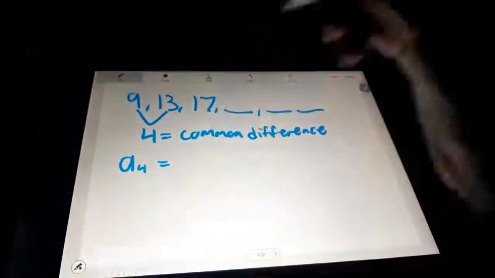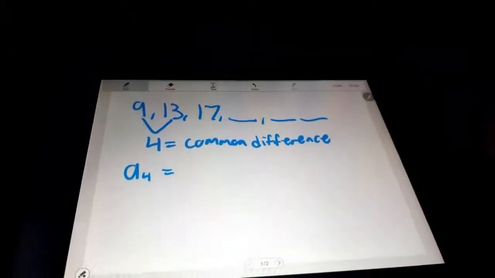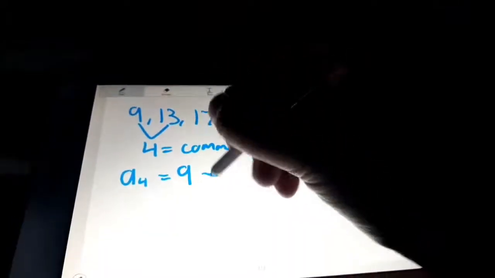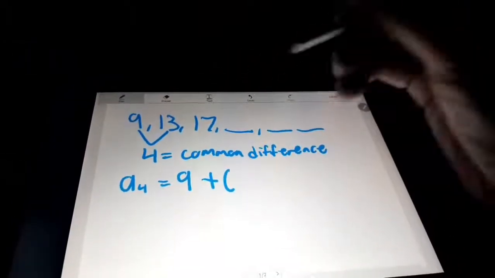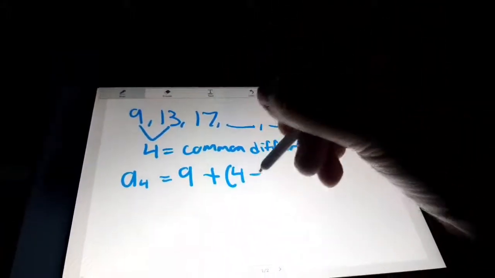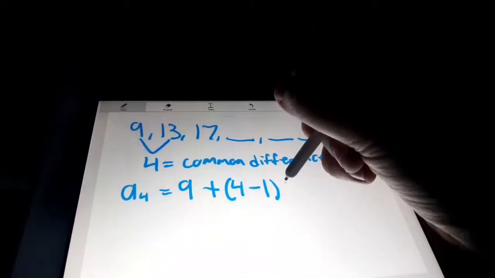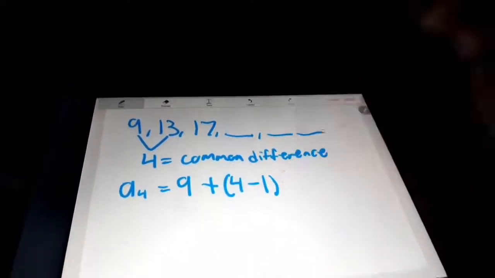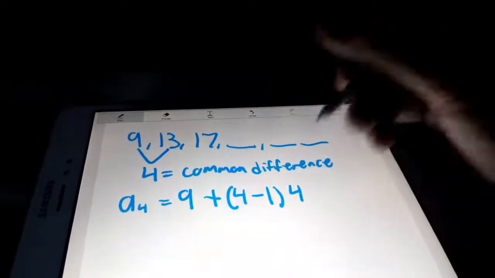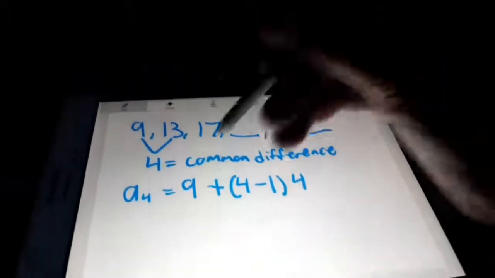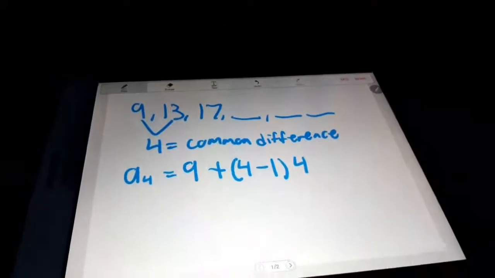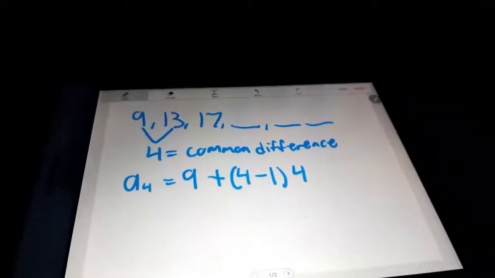So, a sub 4, tapos yung a sub 1 mo, which is 9, plus, yung nth mo is 4, minus 1, and then times 4. Kasi ang 4 ang common difference. So, don't forget to apply the PEMDAS. So, kung ano, dapat makikita mo yung PEMDAS video sa channel ko dyan.